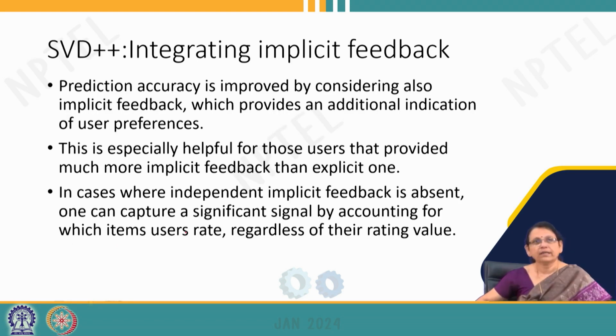Now, we extend this idea of SVD. What was SVD in this context? SVD was that baseline predictor where latent factors were also considered. That was popularly called the SVD based model, SVD based latent factor model. So, that model we are now going to extend.